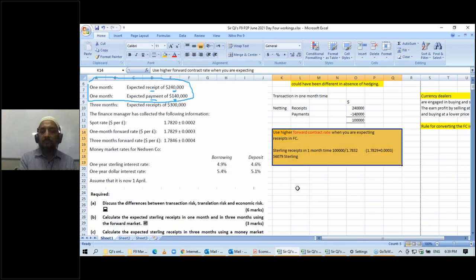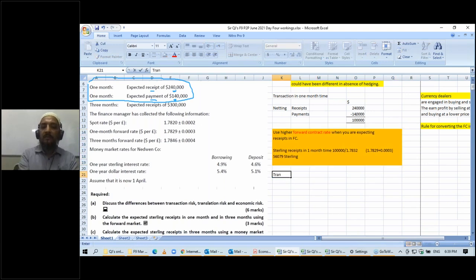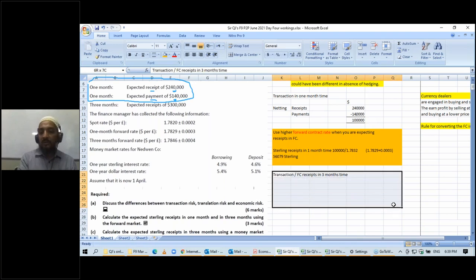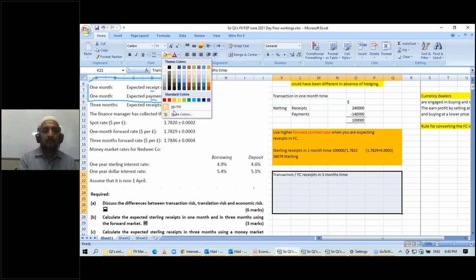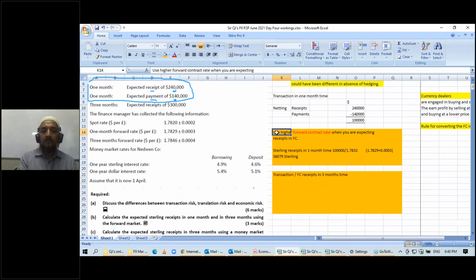Now, the transaction in 3 months' time. If the receipts will occur in 3 months' time, then what? Again, you will use the higher rate because you are receiving money. So use the higher forward contract rate.